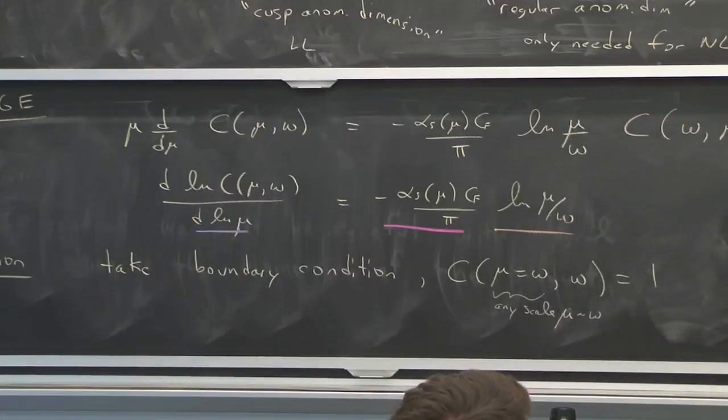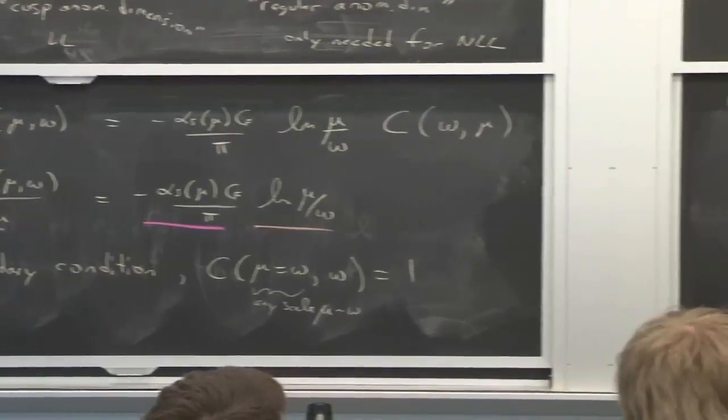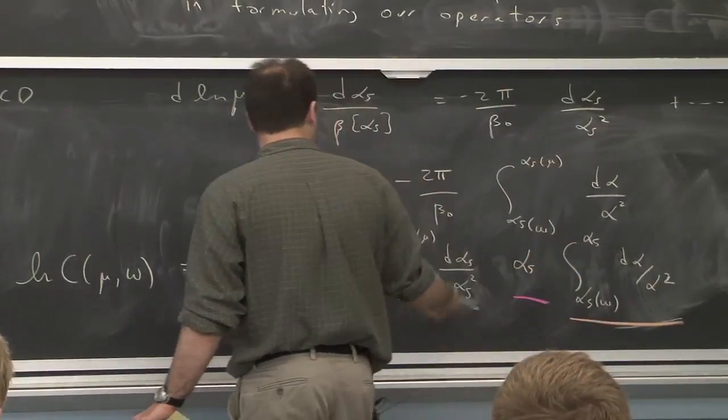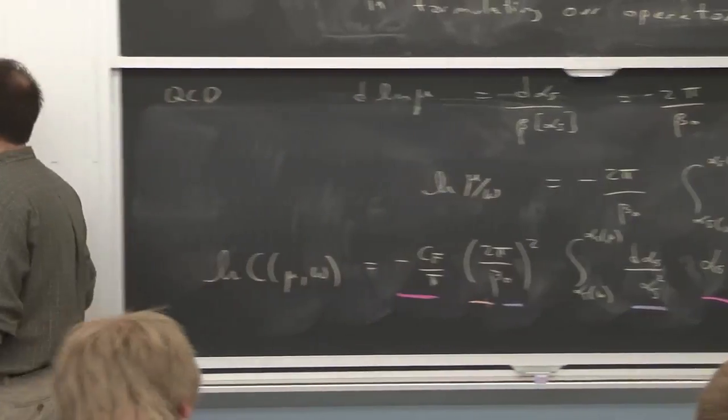Okay, so we do that integral. All the integrals are trivial. We do this integral, and then we get integration variable and fixed quantity, and then we do this other integral. We get a solution.